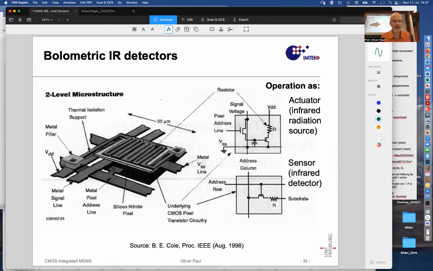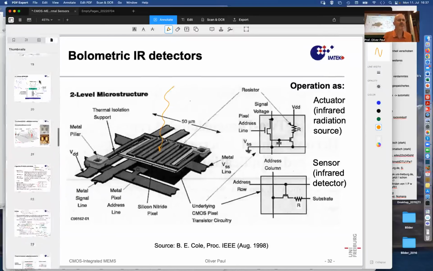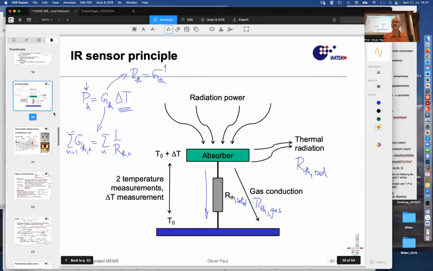And again, the principle is the same. I mean, the principle was shown much earlier. Let me just check whether we find that picture again. Yeah. The principle is always this structure. You have an absorber for radiation power, h nu, which comes in and is absorbed. And then the temperature is increased because there is a thermal resistance of that absorber with respect to its environment.